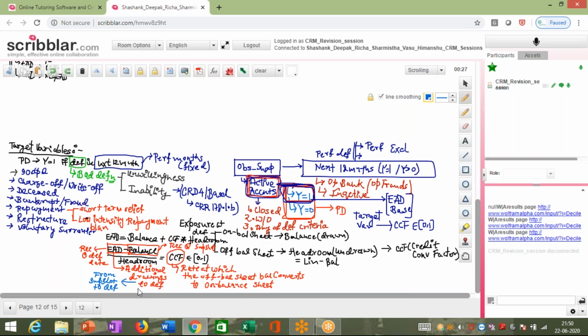The time between those gives you your additional drawings to default. So this is how the CCF is defined.